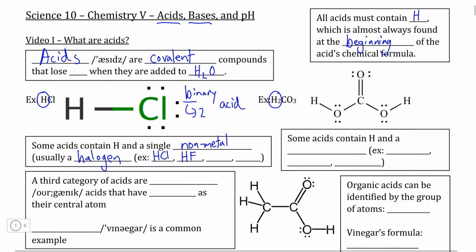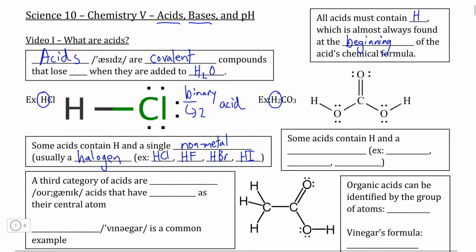However, if the halogen was fluorine, HF, this would be a different binary acid, as would HBr or HI. So all of these are binary acids in that they contain hydrogen and one other nonmetal, and all of the nonmetals in this case are the four examples of halogens.